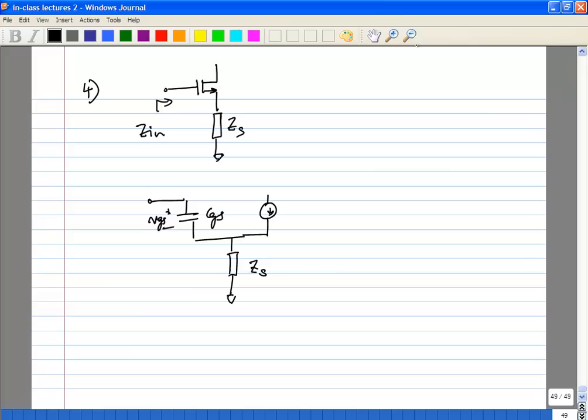We'll try to use the simplest model we can. We have Cgs and gm. Let's assume we have some RL here. Have the source.